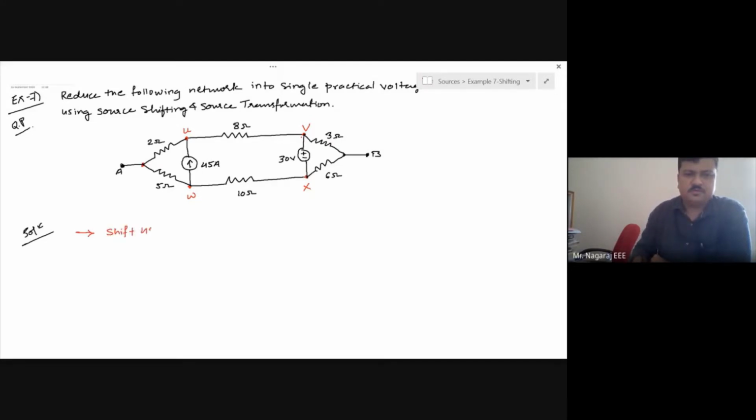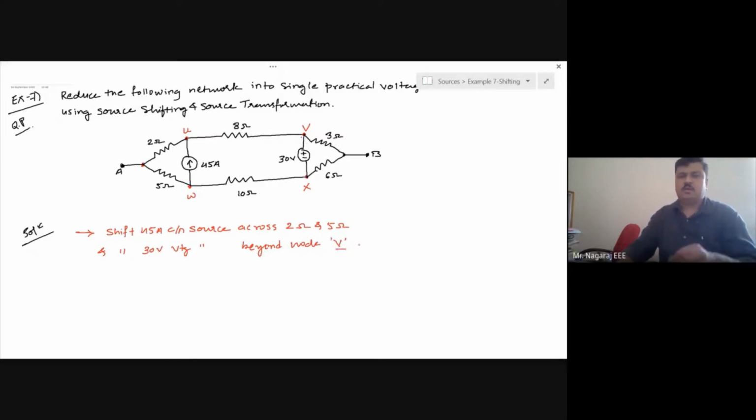Shift the 45 ampere current source across 2 ohm and 5 ohm, and shift the 30 volt voltage source beyond node V. I will take node V as a homework example.